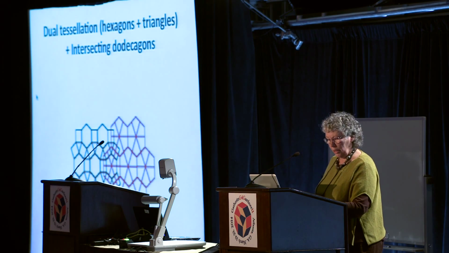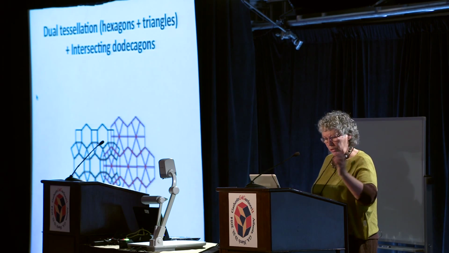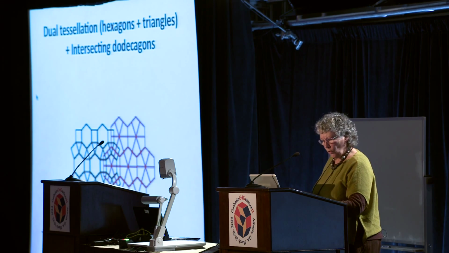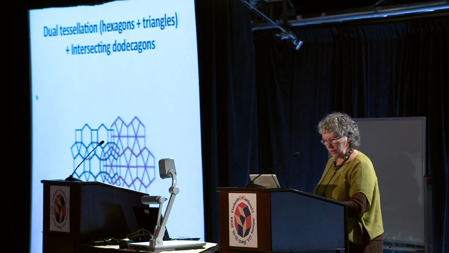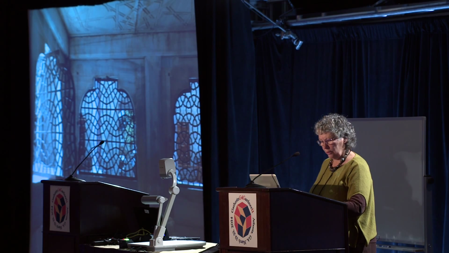Intersecting dodecagons. Here the orientation of the dodecagons is off. They should be on point. With a dual tessellation of hexagons and equilateral triangles, or combined with a hexagonal grid and a variant.